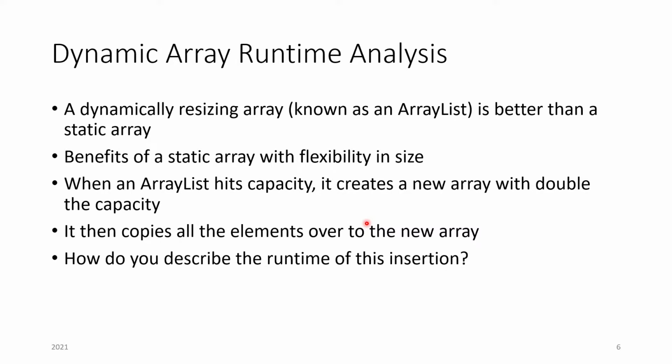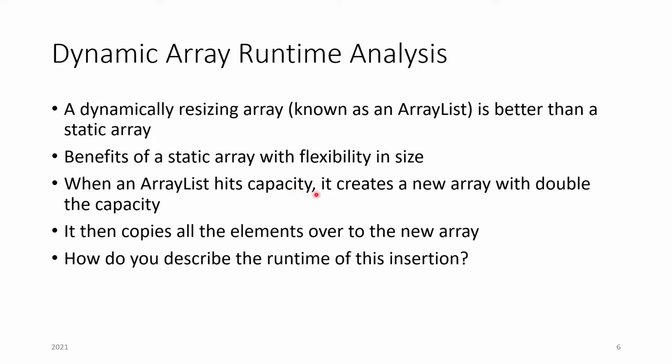So there are also dynamically resizing arrays, and in programming terminology, they're referred to as array lists. They're better than static arrays because, like the name says, they expand and contract with their size. Now, we're going to be observing the order of this when, let's say, an array hits capacity and it needs to expand itself.